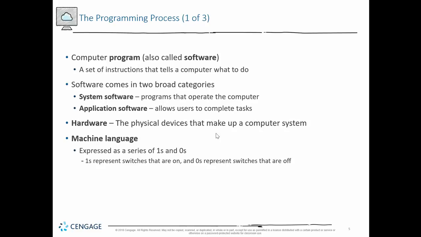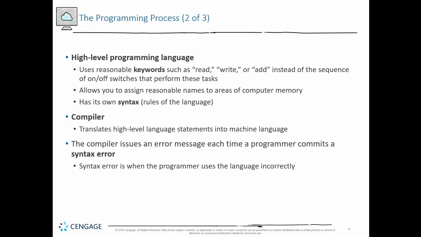Machine language are the series of ones and zeros that the computer can understand. Ones are typically thought of as being on or true, whereas zeros are typically thought of as being off or false.